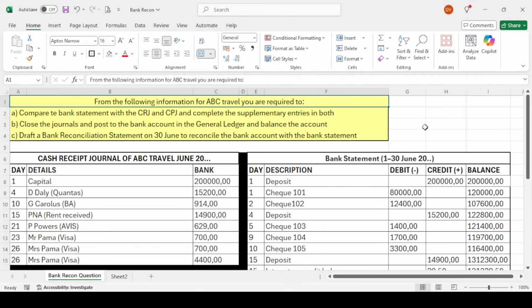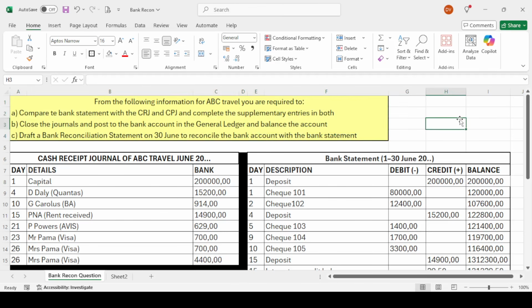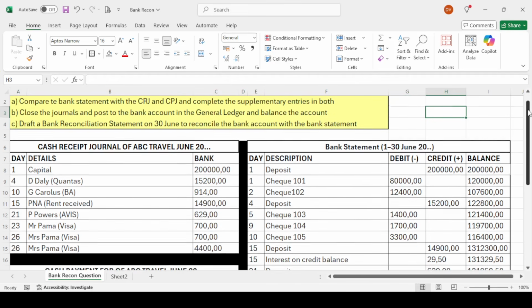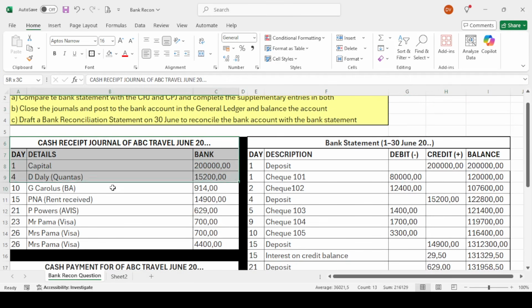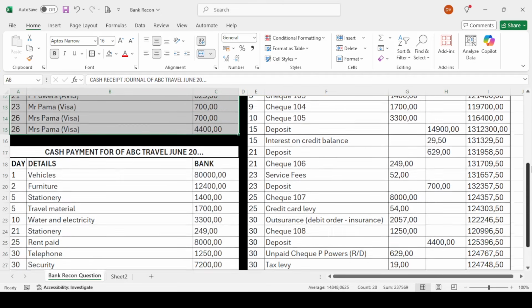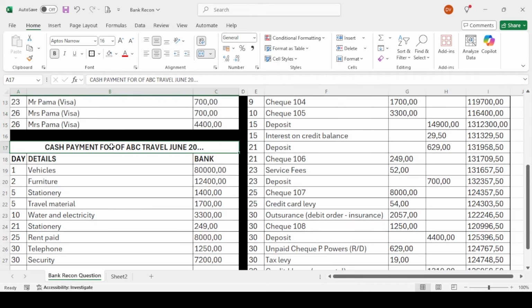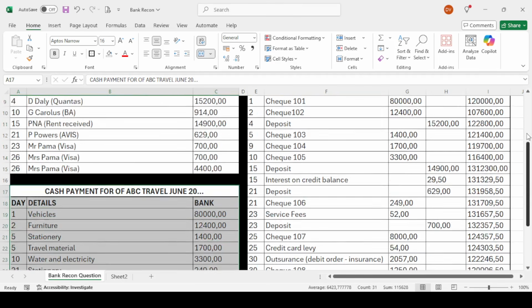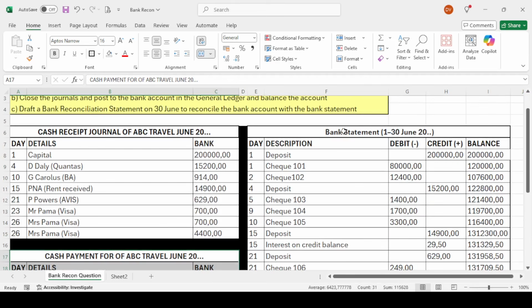So what you see on the screen is the instructions. We're going to go through it now. Then you'll see a cash receipt journal, just a small short cash receipt journal. You will see a cash payment journal, and you will see a full bank statement.